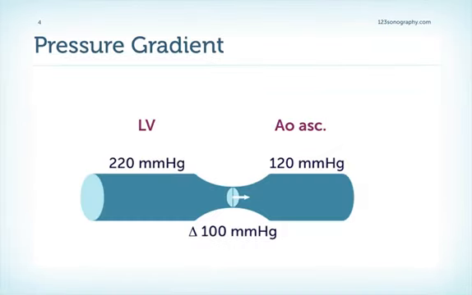In heart catheterization or with Doppler, we can actually measure the pressure gradient, or pressure difference, between the left ventricle and the ascending aorta. Now look at the high pressure the left ventricle has to achieve to get a normal blood pressure in the ascending aorta if you have severe aortic stenosis. So this is actually the pressure gradient.